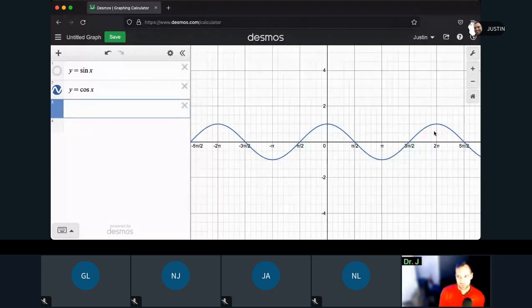So another vocab word: 0 radians and 2 pi radians. Comparing both of them, what are they called to each other?